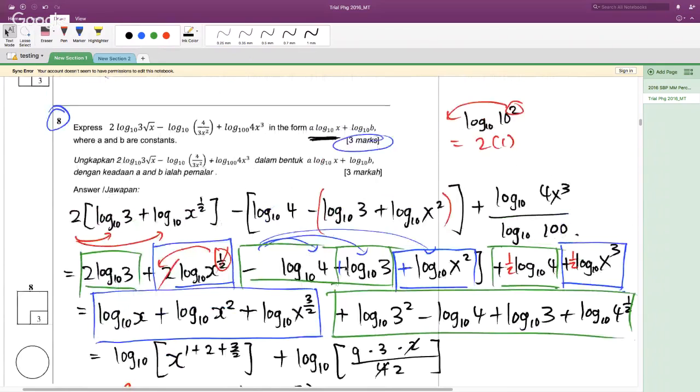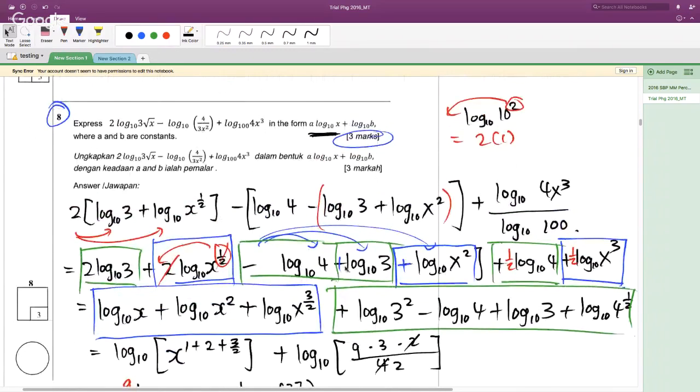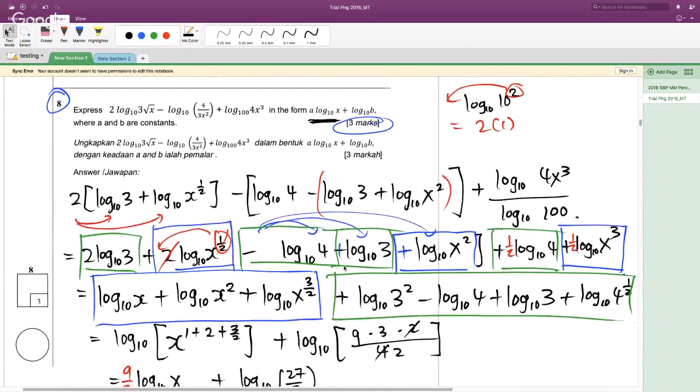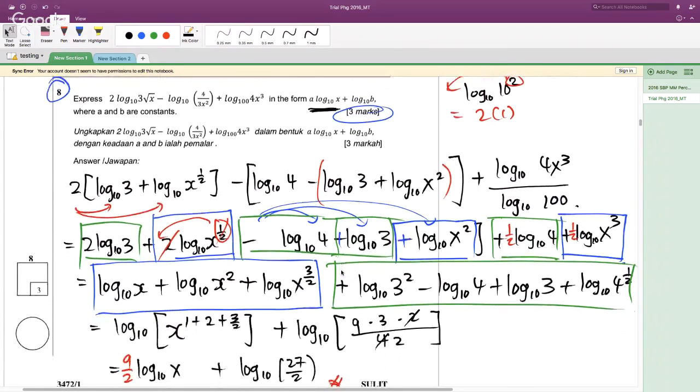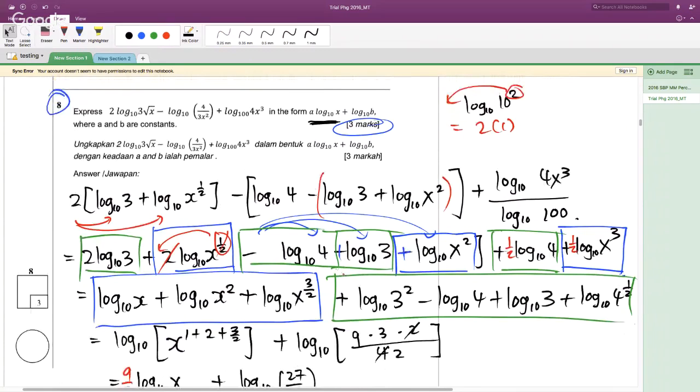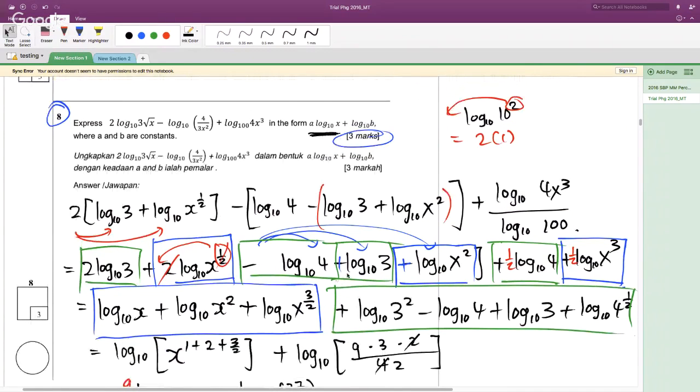Yeah, but of course you can do it very fast if you can factorize out the log 10 at the same time. But if I do it like that, I just worry you can't understand, so I will just do it slowly. Actually you can do it quite fast if you understand. First thing is you move the 2 out to become the whole thing power of 2. Then there's no more 2 here.